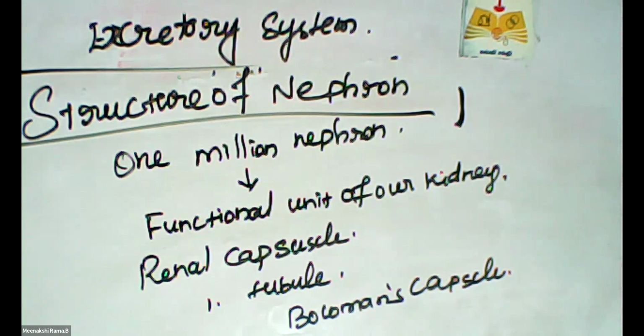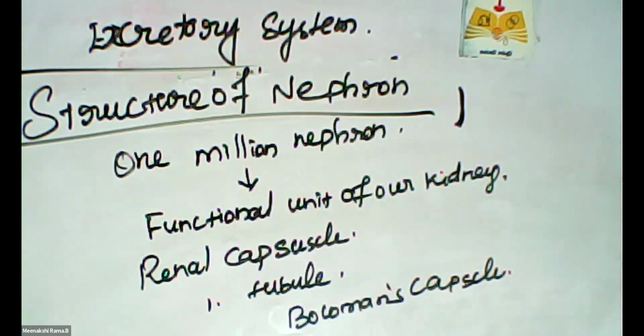So the cup-shaped structure is called as Bowman capsule. So the blood enters. In that they contain the bunch of capillaries called as glomerulus. So blood enters the glomerulus through the arteries. What arteries? The afferent arteries, and it leaves through the efferent arteries. So the Bowman capsules contain the renal tubes also.